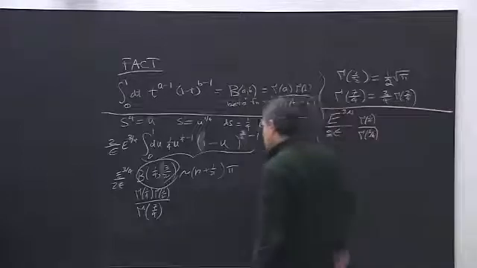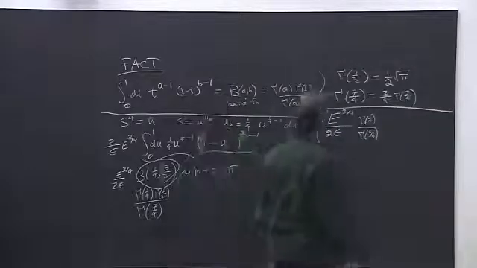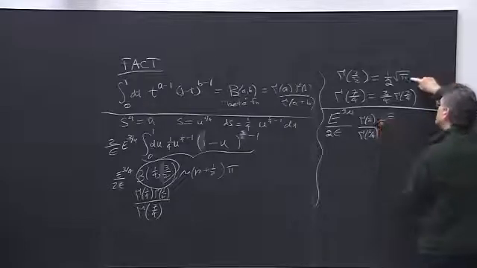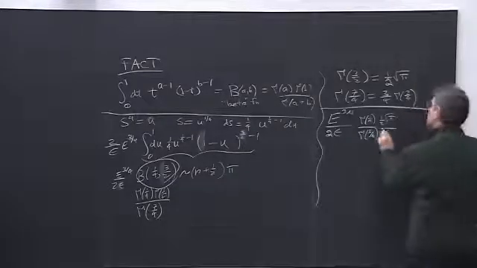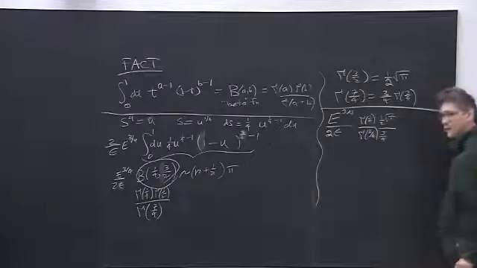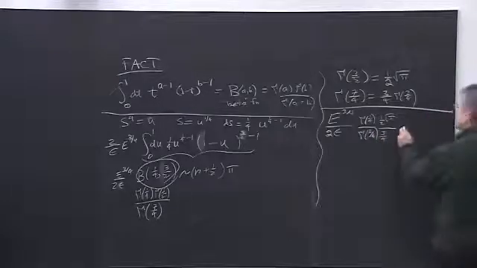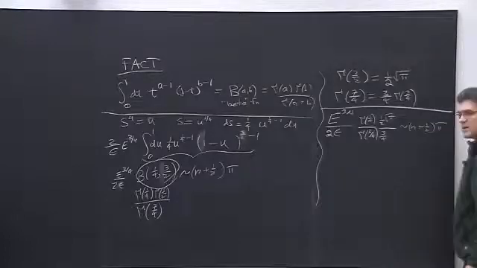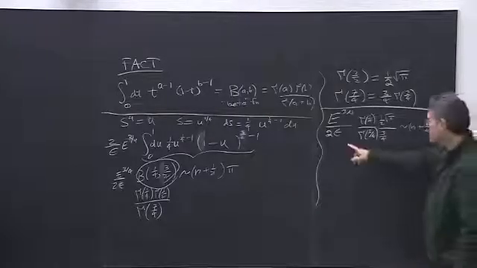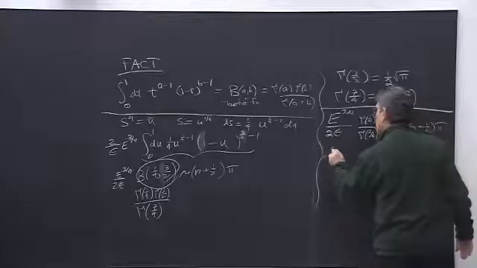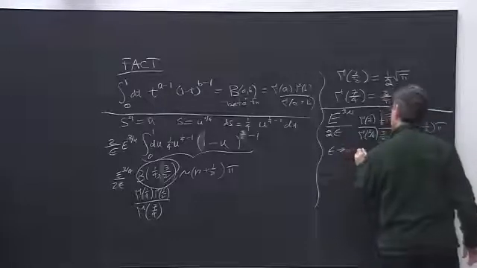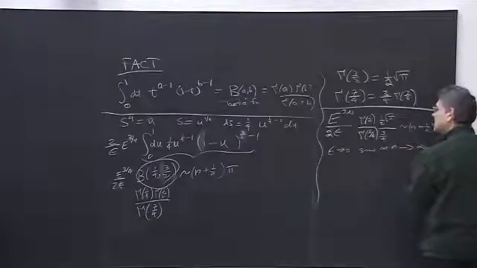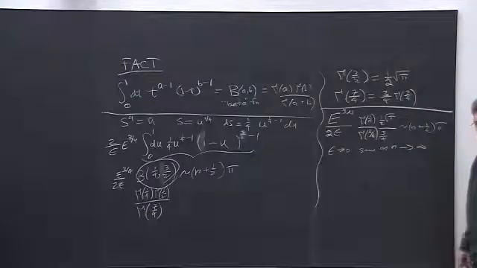But then we have a gamma of 3/2 on top, which is 1/2 square root of pi, and on the bottom we have another factor of 3/4. And this is equal to n plus 1/2 pi. And once again, epsilon going to 0 is the same as n going to infinity. Both have exactly the same effect.